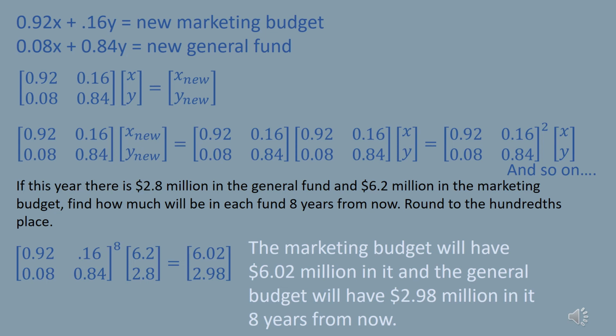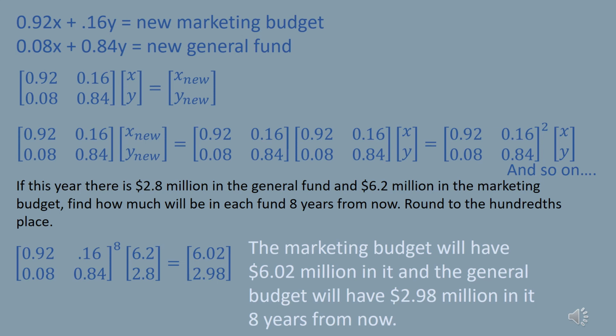Then think about if you use that and you get a new amount of marketing and a new amount of general budget, and then you put those new amounts into the original equation. The new amounts were created by taking that coefficient matrix and multiplying it by the original amounts. So putting the new amounts in is equivalent to squaring that coefficient matrix and multiplying that by the original amounts.